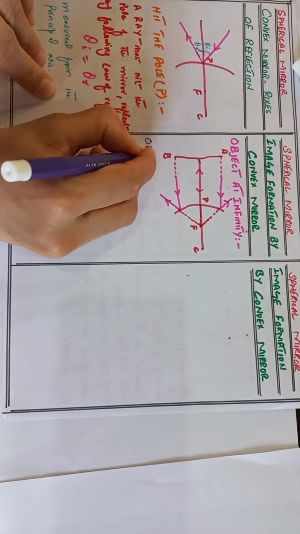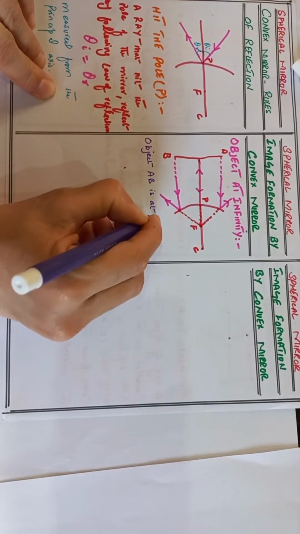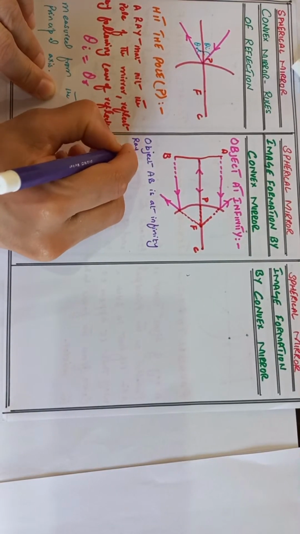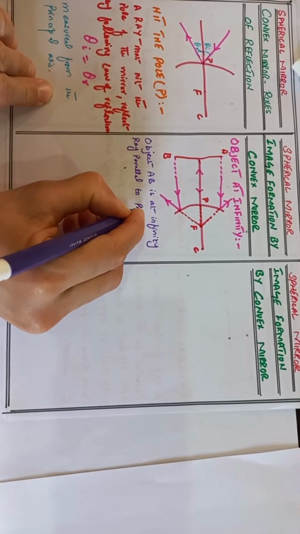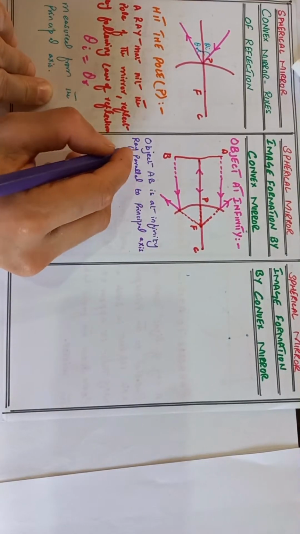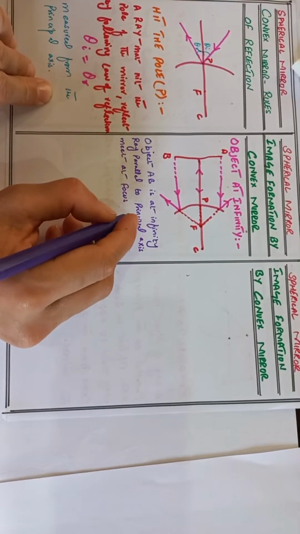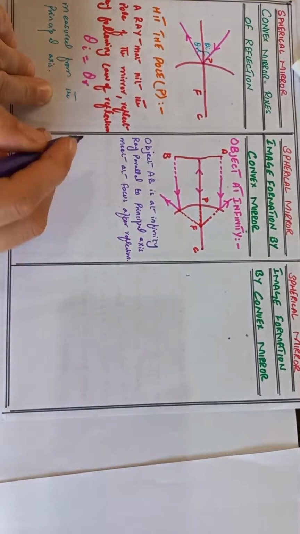So here we write that object AB is at infinity, rays parallel to the principal axis meet at the focus after reflection.